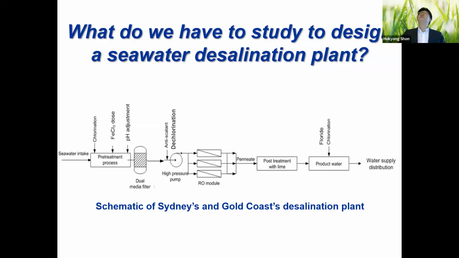And first step is chlorination. The seawater contains a lot of bacteria and algae or some microorganisms. So if we don't kill all of them, what happens is a lot of biofouling in the pipeline, also the pumping system, also the monitoring sensors, they keep accumulating on so many surfaces.